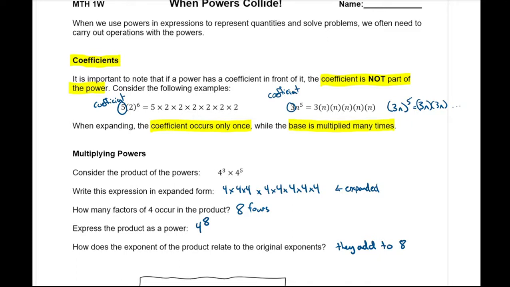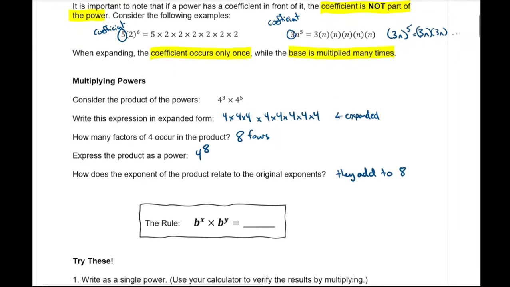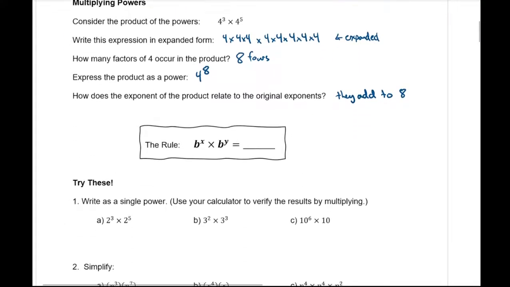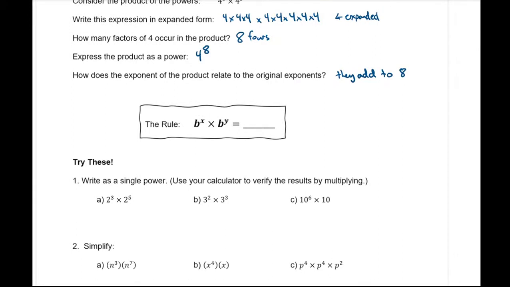The old exponents add to that. So that's our rule when we multiply powers. Say we have b to the power of x times b to the power of y. When we have the same base, the answer is b to the power of x plus y, or my two exponents added together.